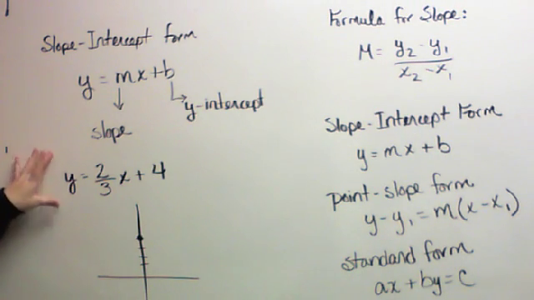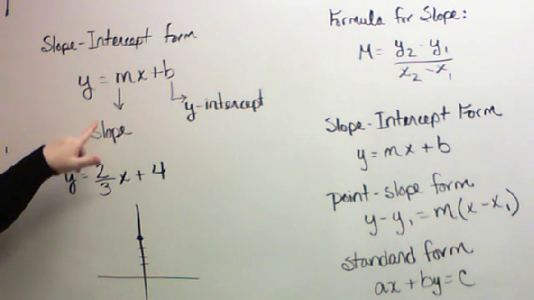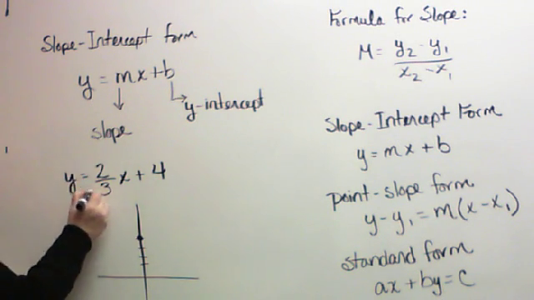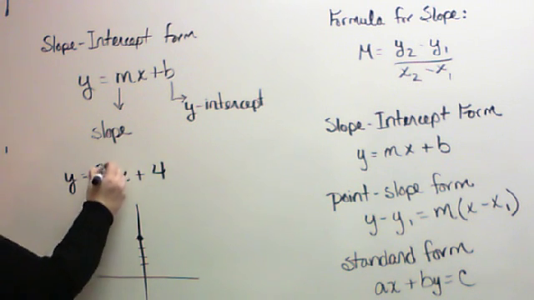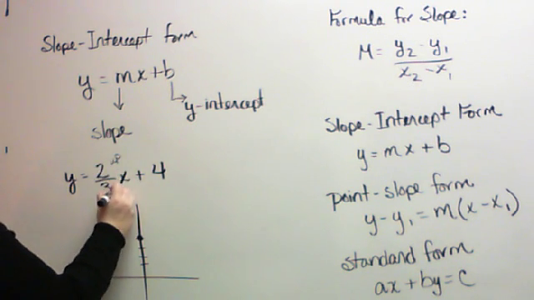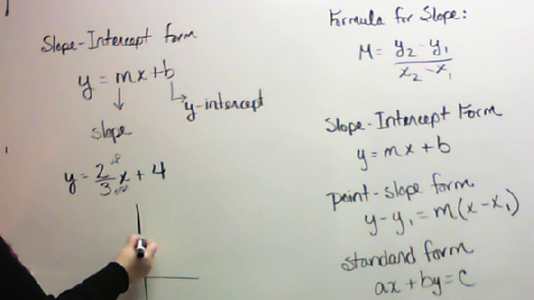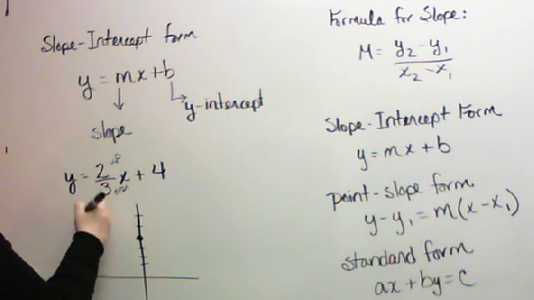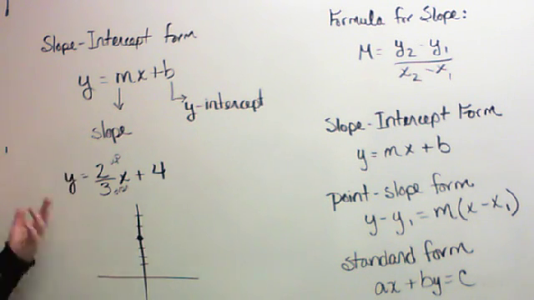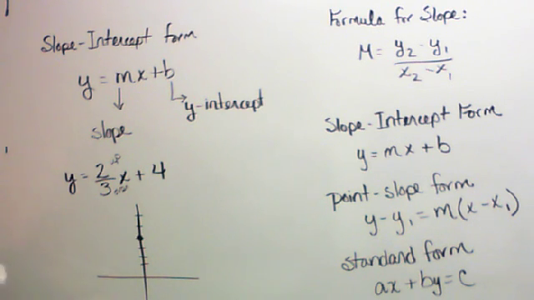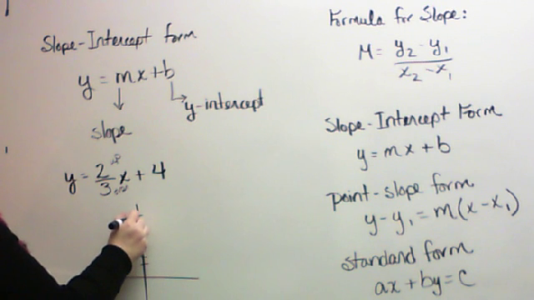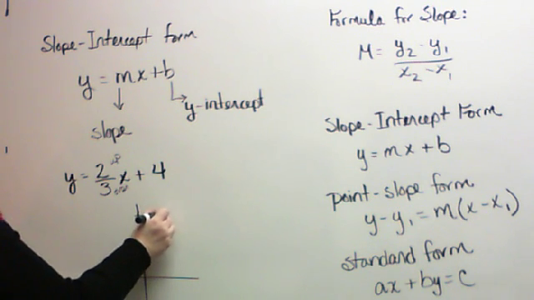Then, since this is in slope-intercept form, and we know that this one is our slope, we know that this is the same thing as our rise over run, which means we're going to go up 2 and over 3. It's always up, unless that's a negative number. If it's negative, then you'd be going down. But you're always going to go to the right when you go over. So I'm going to go up 2 from there, and then over 1, 2, 3. And that'll be my second point.